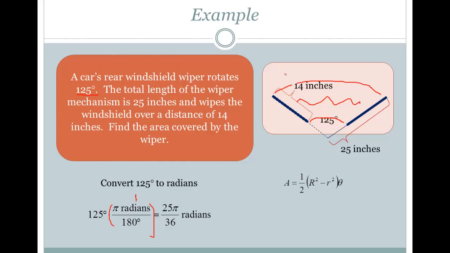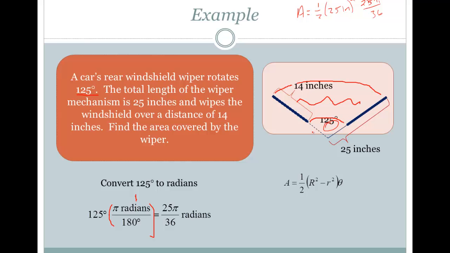What is going on there? Well, if I look at the area equals 1/2 times 25 inches squared, times 25 pi over 36, that's going to give me the entire area, including this part right there.